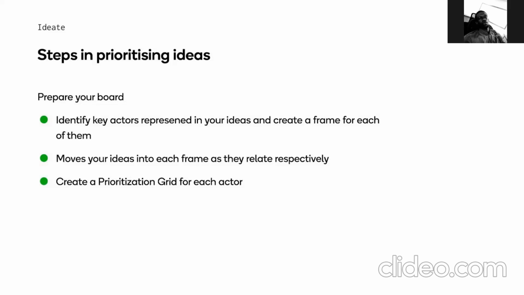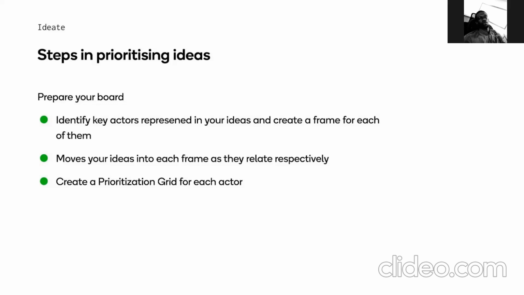So you move your ideas into each actor frame as they relate respectively, like we just talked about. You think about apps that you've used in the past, and features that you see as the user, and you relate that to the ideas that you've come up with for your online donation platform, and see where you can move these ideas.